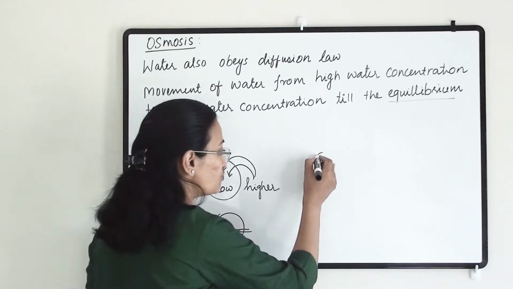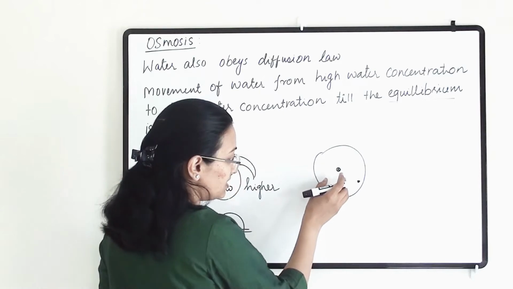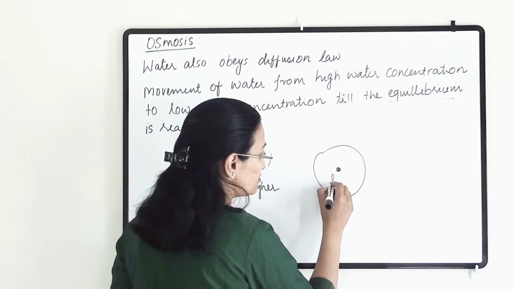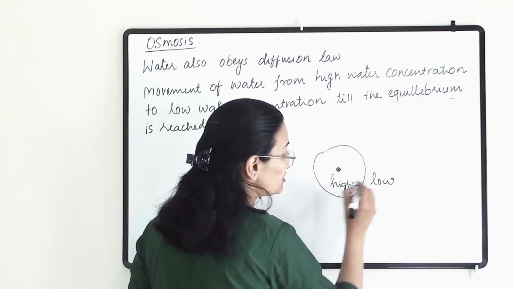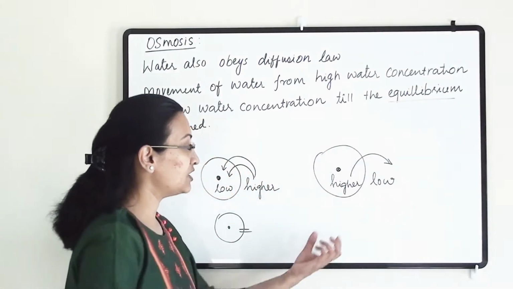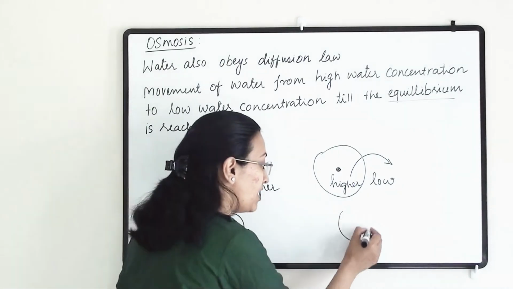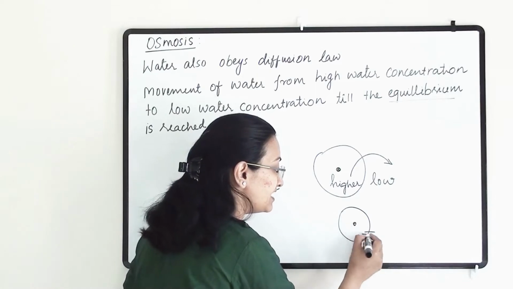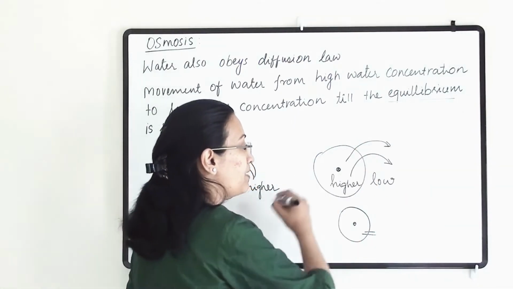In another situation, inside the cell the water concentration is higher and outside the water concentration is low. So water will go out till it achieves equilibrium. Till the amount of water outside and inside becomes equal, this movement will keep on happening.